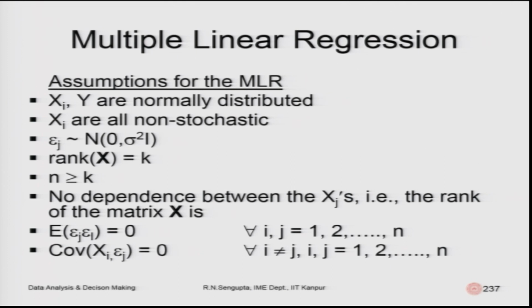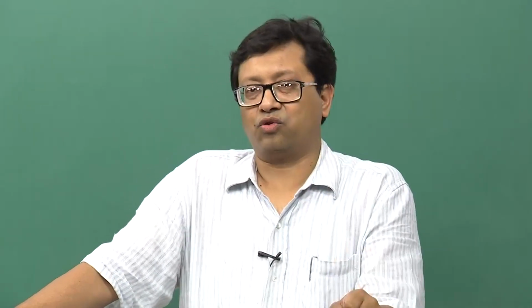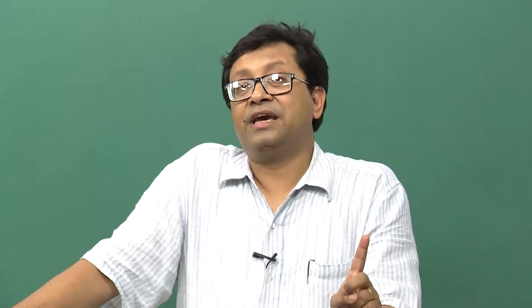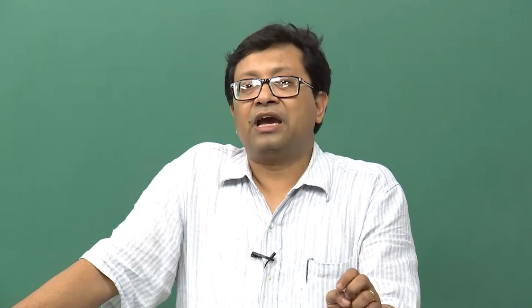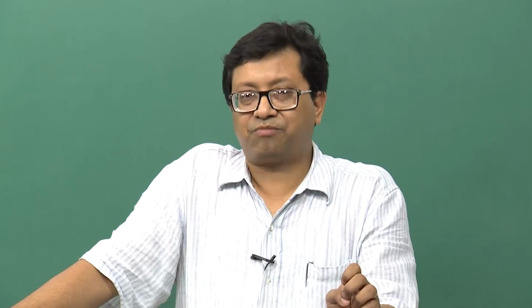The rank of this matrix is k. Rank, if you remember, is basically the linear dependence of the rows and columns of the matrix. Remember, k is the number of independent variables, and n, the number of readings based on which you will try to predict for the n plus 1th reading, is greater than or equal to k.